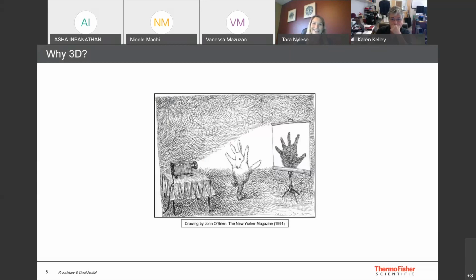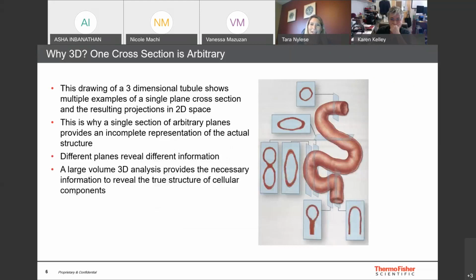If we look at the cartoon now, we could see that the projection is not always obviously what the 3D object actually is. By looking at the direct 3D object itself, we truly get the real representation. I'll use an example that's a little bit more biologically relevant to us now.